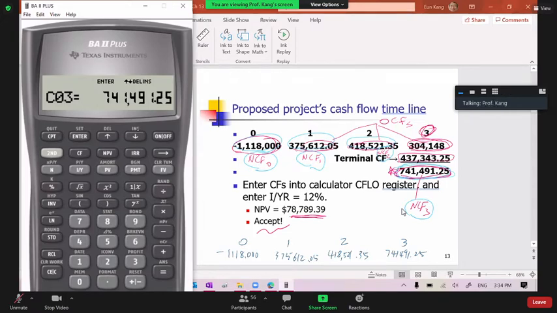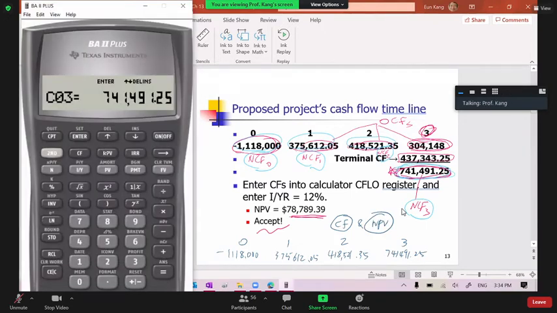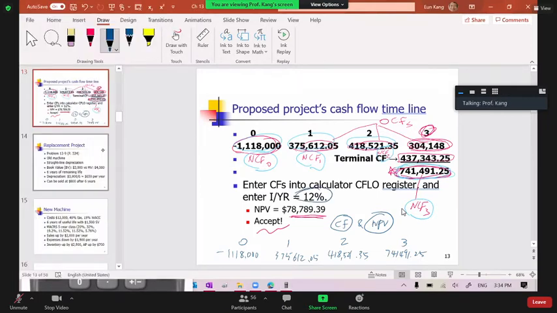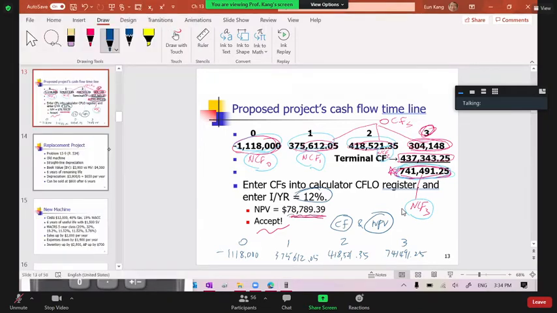You finish your data entry, then go to NPV. So it's just simply CF and NPV. Hit NPV right next to cash flow. And I is 12%, right? It's given in the problem. The 12 enter, right? And down arrow, compute. Then what? 78,789.39.